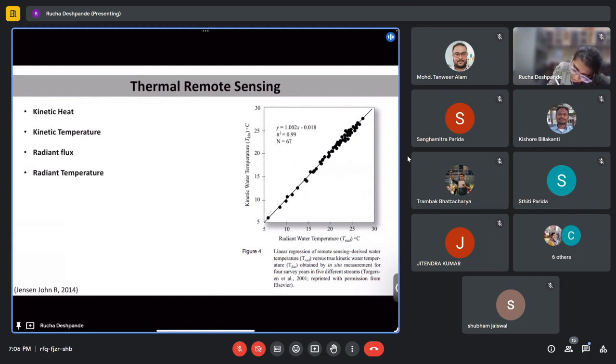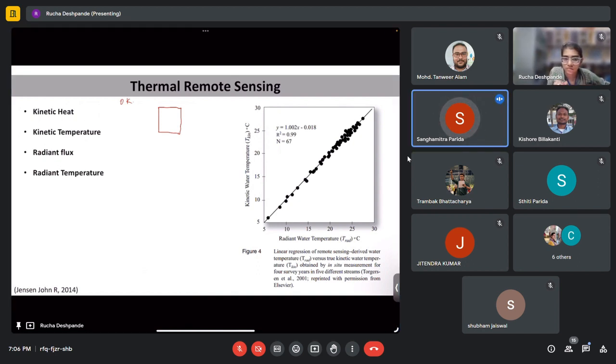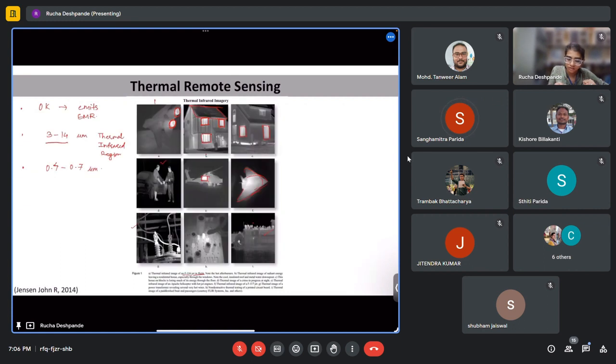Okay, so we just saw that all objects above 0 Kelvin will have some sort of kinetic energy within them. Excuse me, as you told, our eye can see only a particular range, isn't it? Whether it will come under active remote sensing or passive remote sensing? Our eyes, yes.